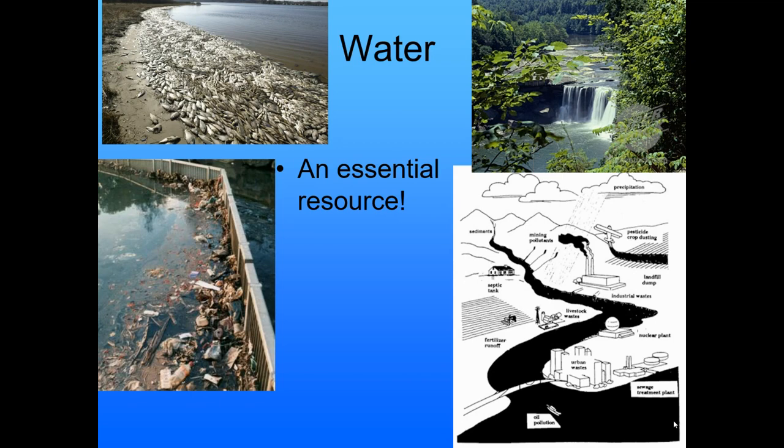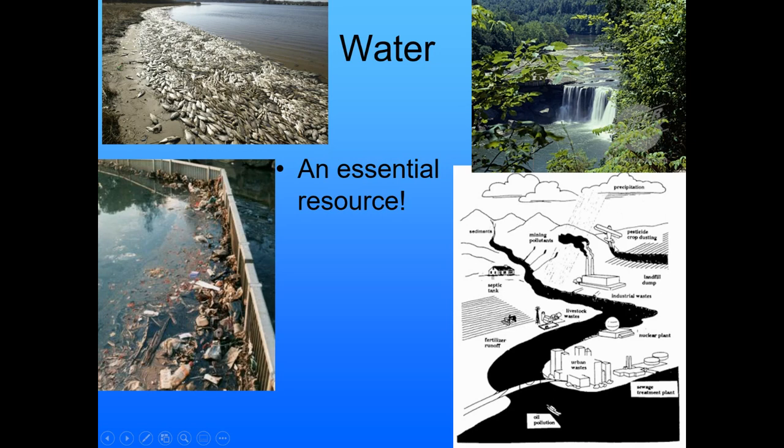So unfortunately, not all water looks like what we have on the top right, where we have this beautiful waterfall and all of that. What you are probably, unfortunately, more familiar with is looking at contaminated rivers. Probably not fish dying off to the point of what you see on the top left, but there's lots of different ways in which we contaminate water.